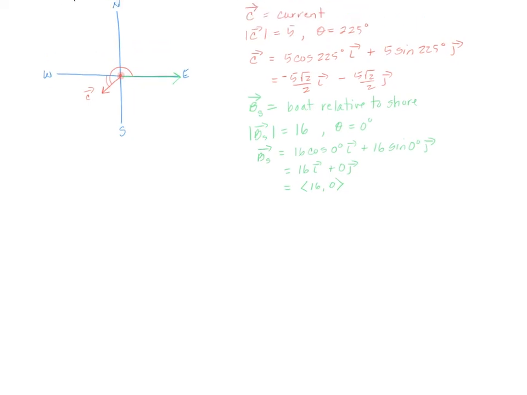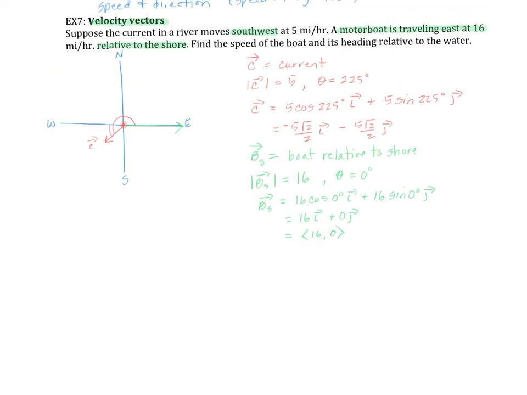All right, so I'm going to go back to the problem. I have my vectors represented in my diagram. This would be my vector that I'm going to call B sub s. Now I need to find the speed of the boat, and its heading, relative to the water.